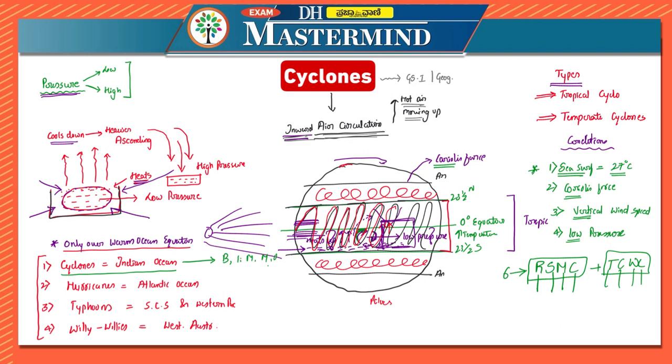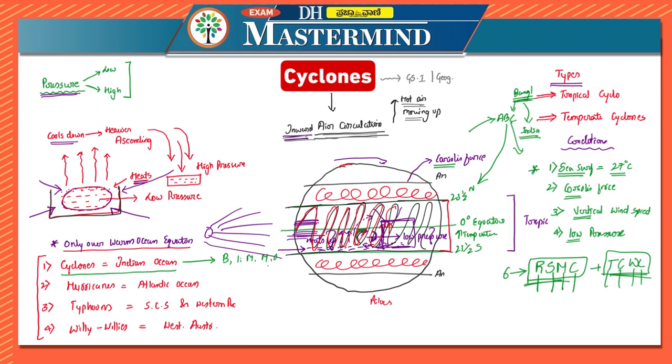For example, one cyclone came and is named ABC by Bangladesh. No matter what, even if this cyclone affects India or another country also, Bangladesh only will name it. Whereas for the next cyclone, the next country after Bangladesh, let's say India, will name it, even if that cyclone is not affecting India. So these are named by RSMC and TCWC.